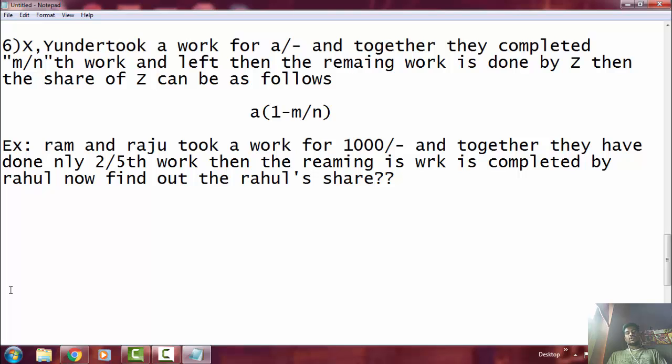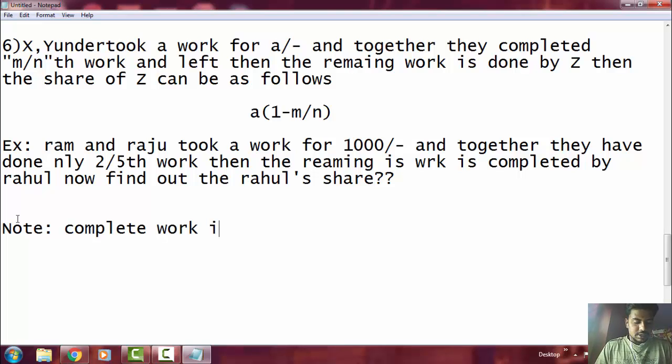I don't think many of the competitive exams will go much further away from this. So for the remaining work, you need to note a point over here: complete work is considered to be 1.